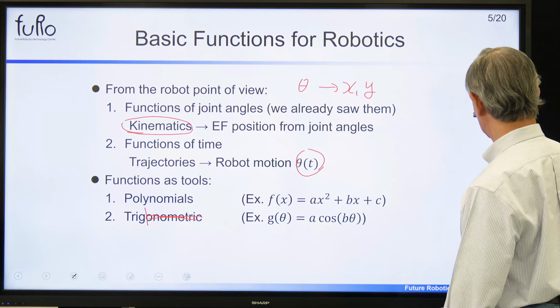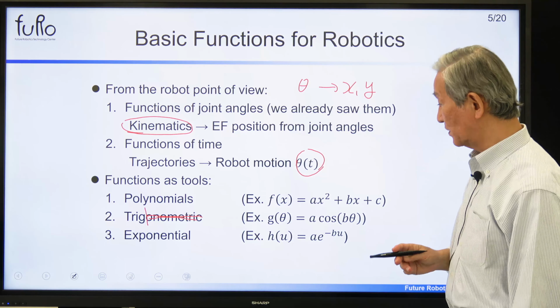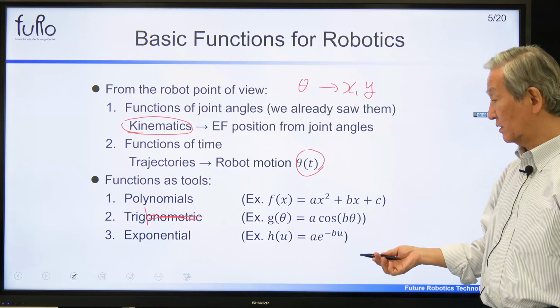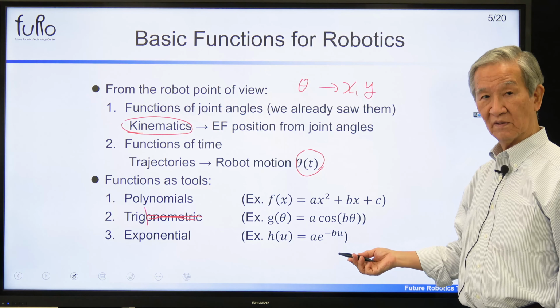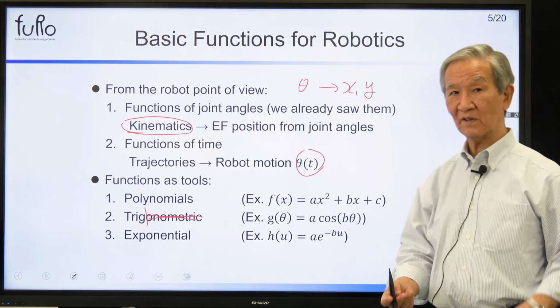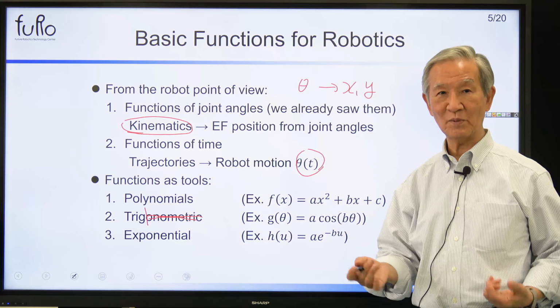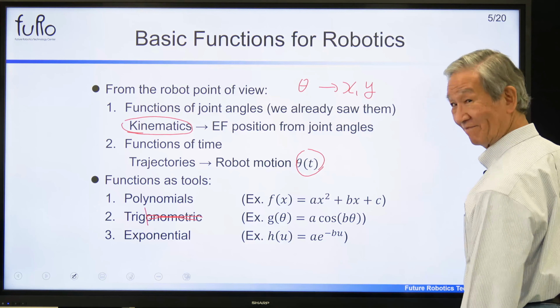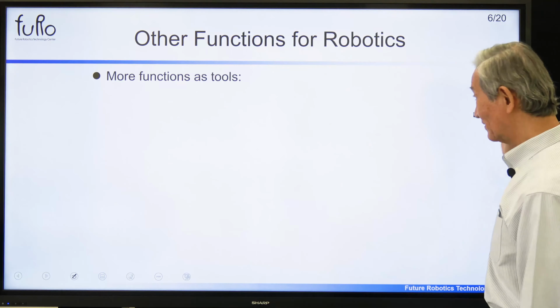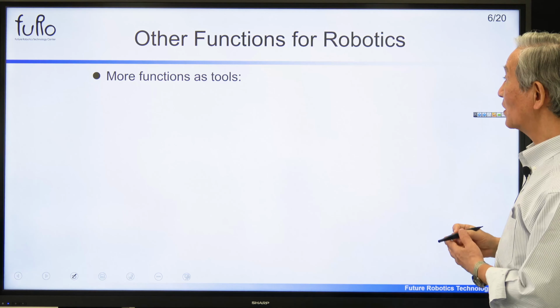Sines and cosines. All right. The next one is exponential, e to some power. Have you seen this in high school? If not, you're lucky because you will learn from me. That is going to be better. Okay. Let's go. More functions.